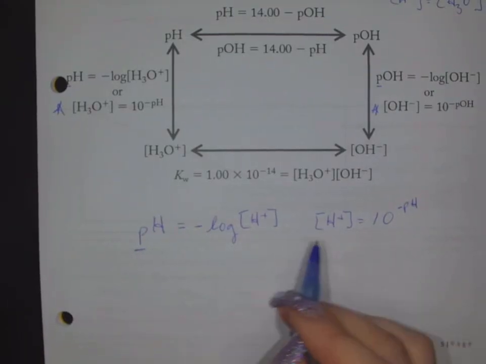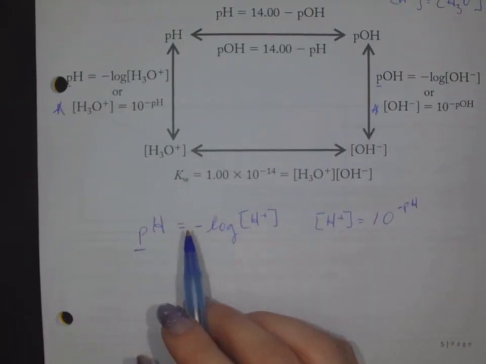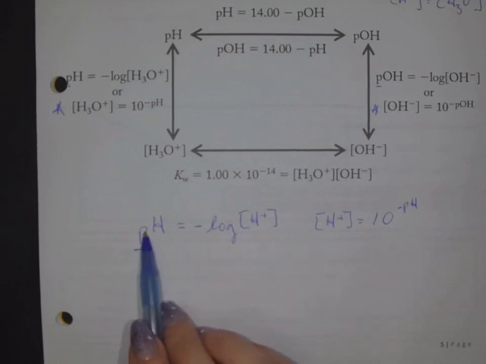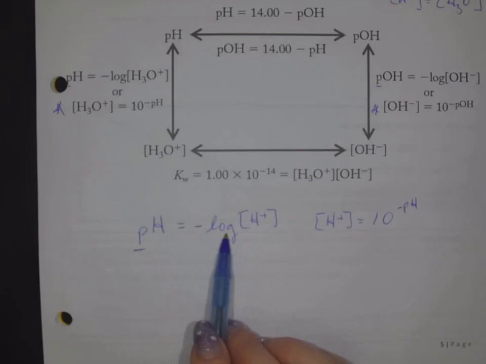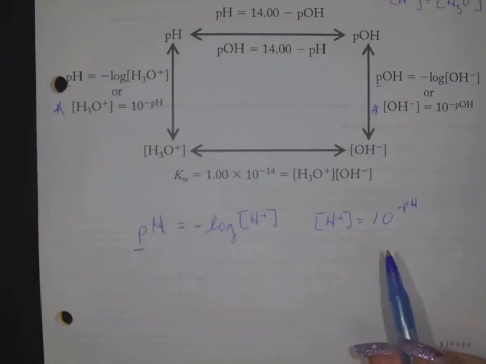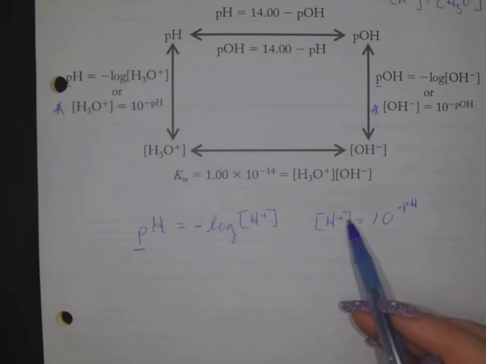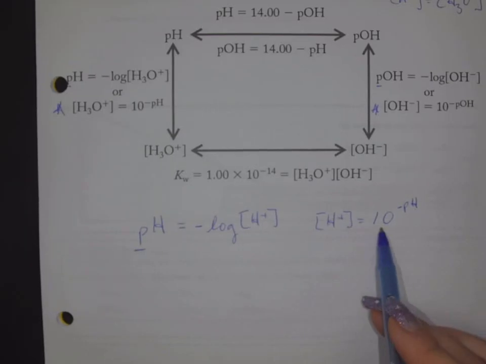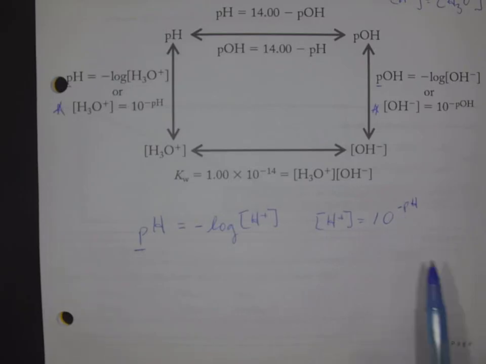And so that's how you can go back and forth between these. So if you are given concentration and you're solving for pH, then you do negative log of that concentration. That will give you the pH. On the other side of this, if you are given pH, you can solve for the concentration by doing 10 raised to the negative pH, and that will tell you the concentration.